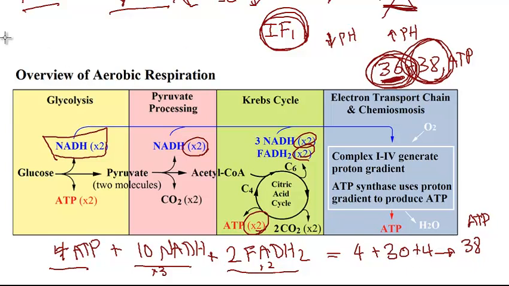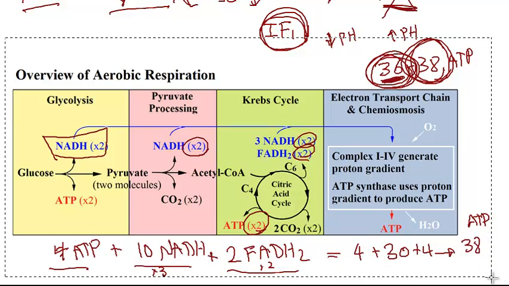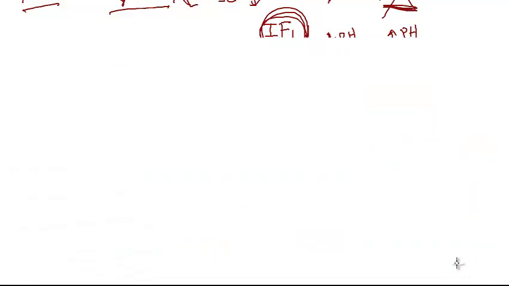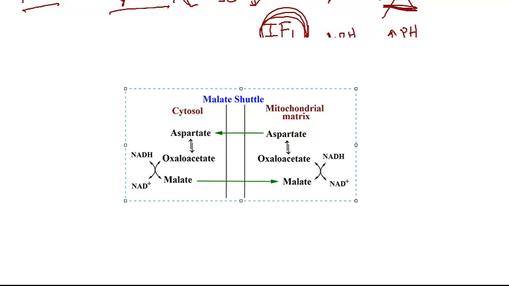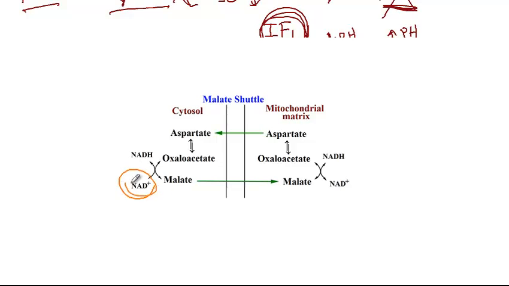And if you're curious how the NADH will be transferred from cytoplasm to the mitochondria, here I'm showing you the malate shuttle. And so you can see here, by converting oxaloacetate into malate, NAD plus will be formed. Malate can cross the membrane, and now it will be reverted back into oxaloacetate in order to yield back the NADH.